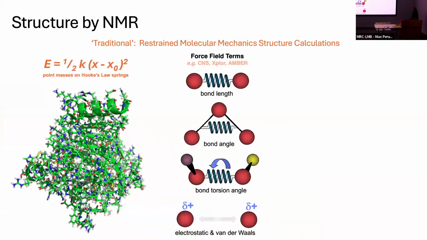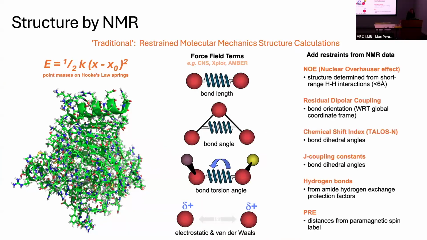So, traditional NMR structural calculation. Well, you do this in silico. It's called simulated annealing. You take your primary sequence and then all of this known restraint information about bond lengths, bond angles, etc. And then you add in our experimentally derived restraints. There can be thousands of them.